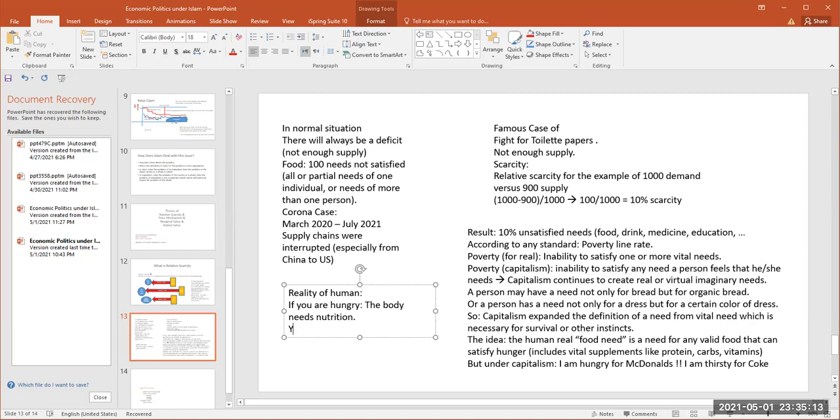So whether you eat meat, bread, or potatoes, it should be satisfying. Not necessarily McDonald's or shrimp for that matter. Say, I'm hungry for shrimp. Nobody, in reality, no one is really hungry for shrimp. You are hungry for food. So that's the main issue.